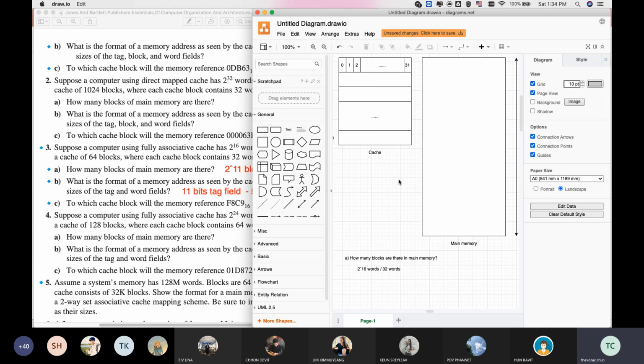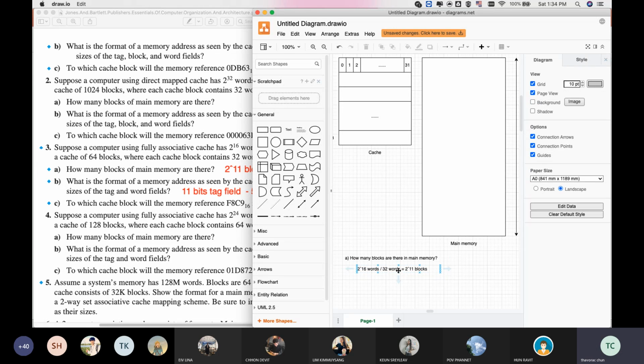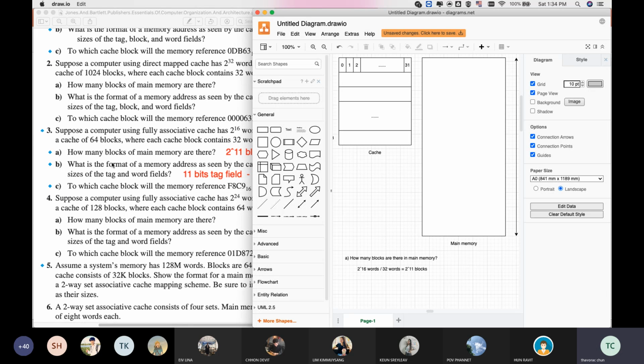And because the size of a block in cache is equal to the size of a block in memory, we can divide like this. And the answer is 2 power 11 blocks, because 32 is equal to 2 power 5. Okay, so the answer for question A is simple, like we have done in 1 and 2. But what is different is here, the question B.